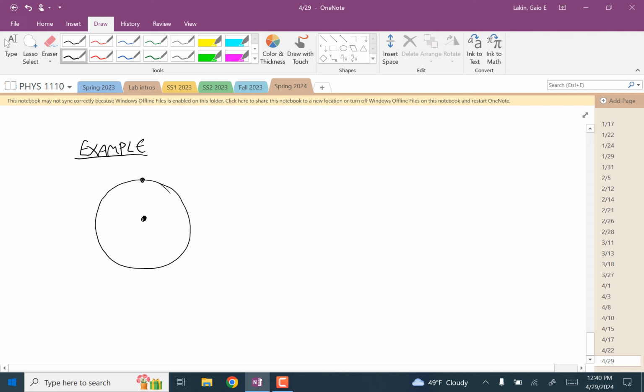And let's say that the point we care about is here. And we'll say that the angular velocity of this body is 15 radians per second. The angular acceleration of this body is negative 30 radians per second squared.